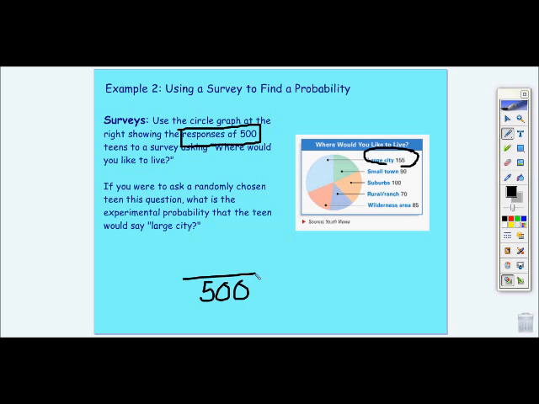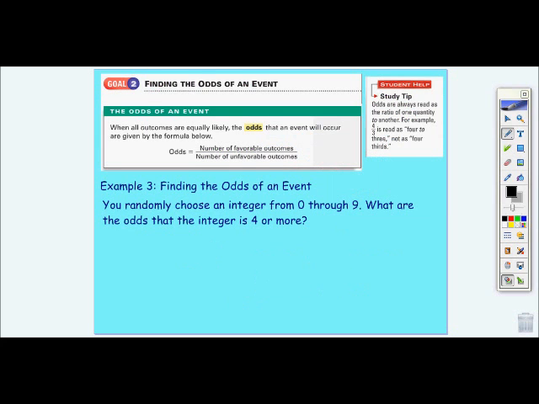But the number that we're choosing, the large city, was 155. That was our favorable outcome. So again, I could plug this in my calculator, and this time it does come out as a terminating decimal, 0.31, or 31%.